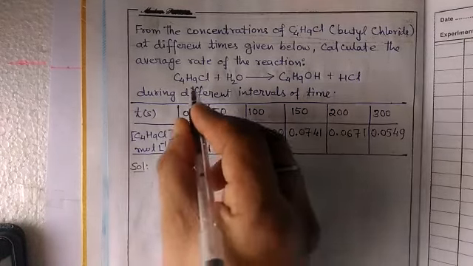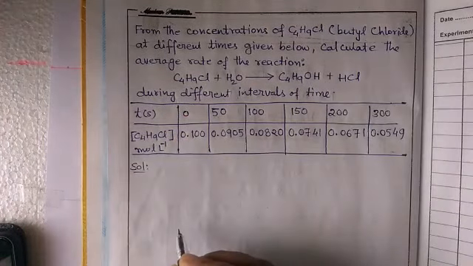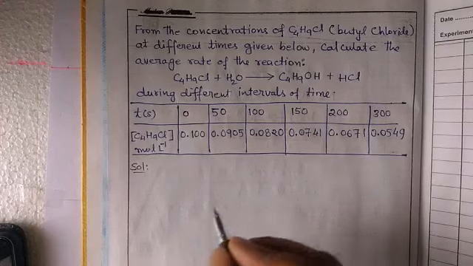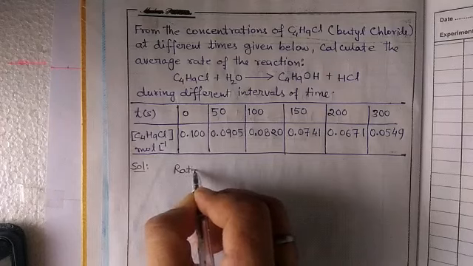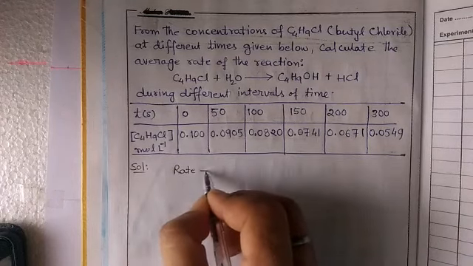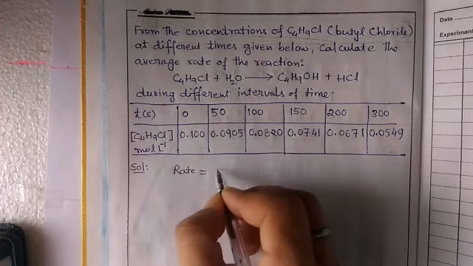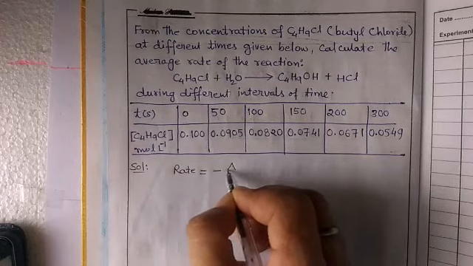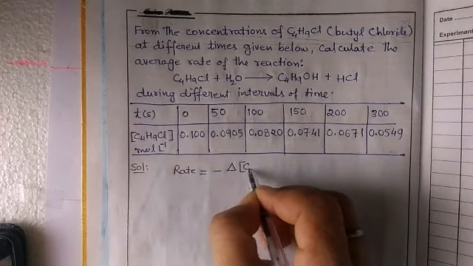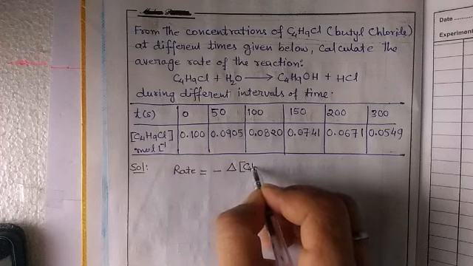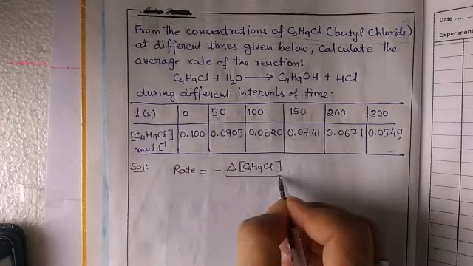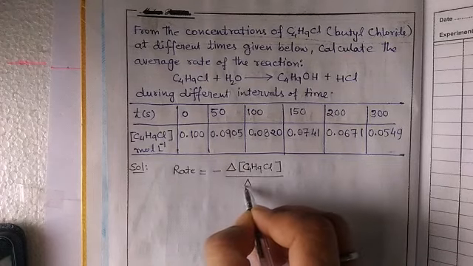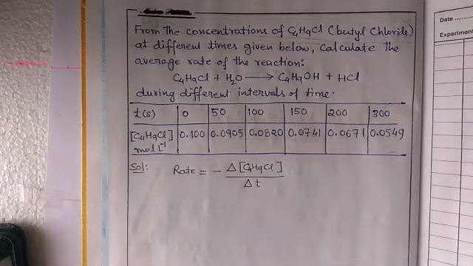So we have this reactant butyl chloride. It can be represented like this: average rate of reaction is equal to change in concentration of butyl chloride, C4H9Cl, divided by time taken or change in time.